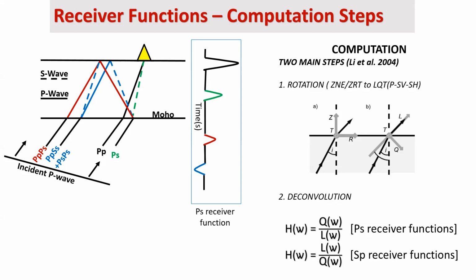There are many methods, like the common conversion point stacking technique, which can be used to identify the topography of the discontinuities within the subsurface of the Earth, like the Moho and LAB. So this is a very good technique to see the velocity variations as well as the location of the discontinuity.